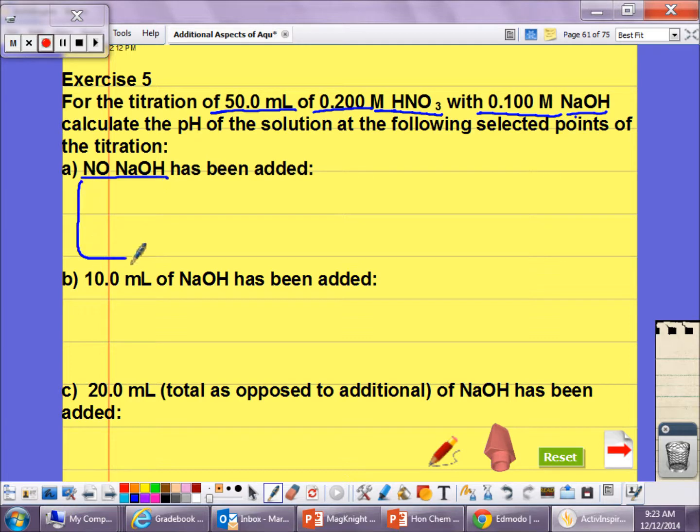So if you have your beaker here, and then you have your burette right here with your NaOH, you are adding a strong base. And then you have your HNO3 right here, your strong acid. If they say before any NaOH had been added, the only thing you have in that beaker is a strong acid. So you just have to find pH the way you have been doing for a strong acid.